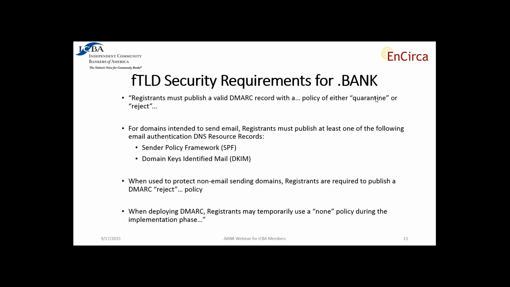So only DMARC will prevent the visible from, the header from on the email being spoofed, whereas SPF validates the envelope address and makes sure that the sending IP is allowed to send on behalf of that domain. I'm sorry that I got a little technical, but hopefully that was clear.